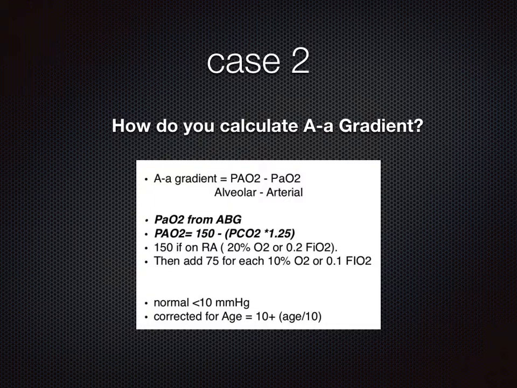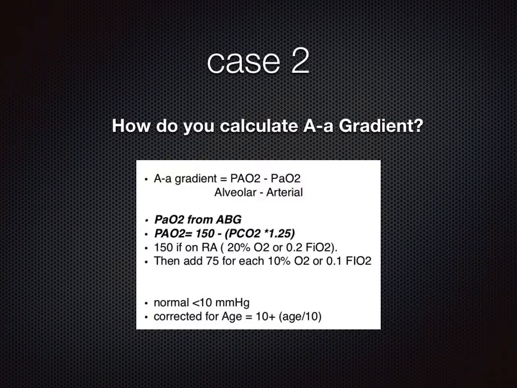If the question says the patient is on 30% oxygen or FiO2 0.3, you add 75 to 150. So add 75 for each 10% oxygen or 0.1 FiO2.